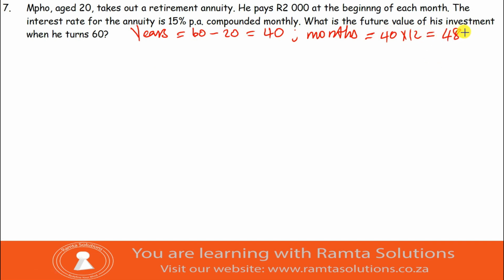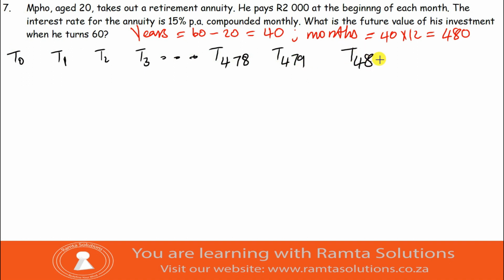It's 480. Now, check this out. Let's do the timeline. T0, T1, T2, T3, I can't write until 480, so I'm going to say 478, 479, 480. Okay?